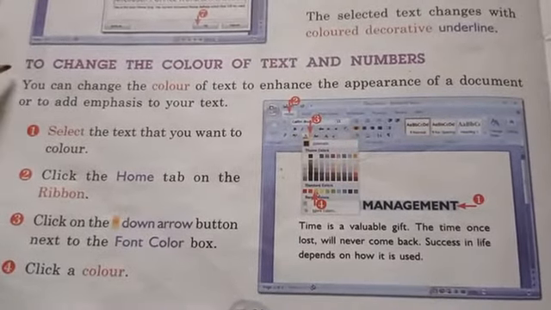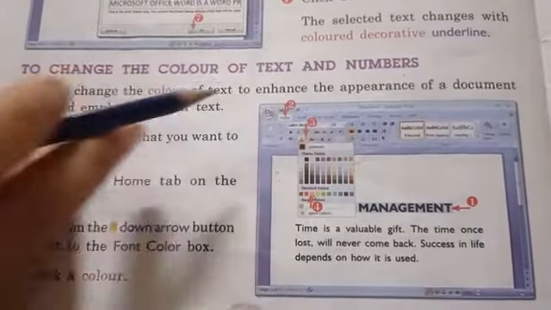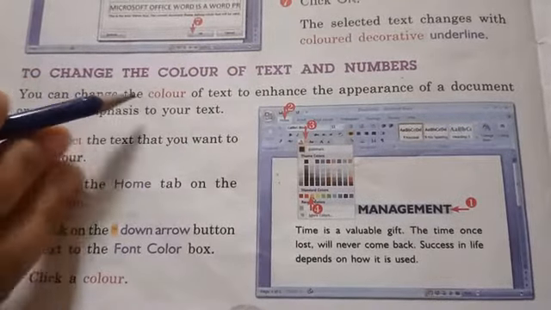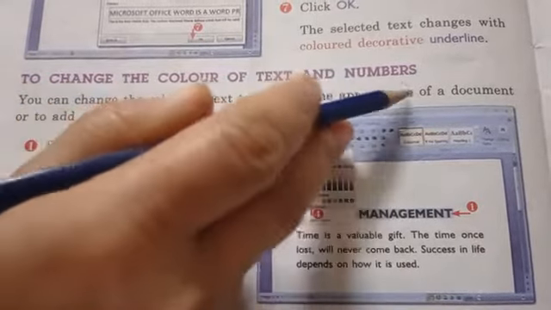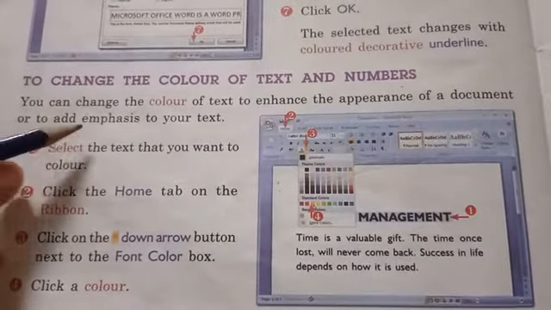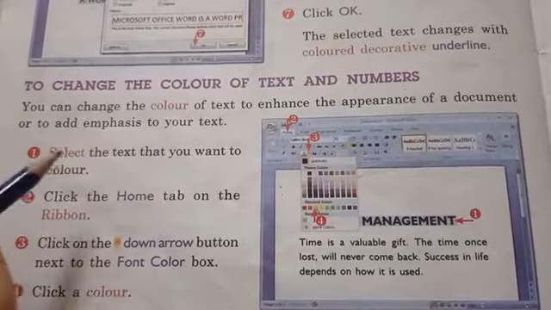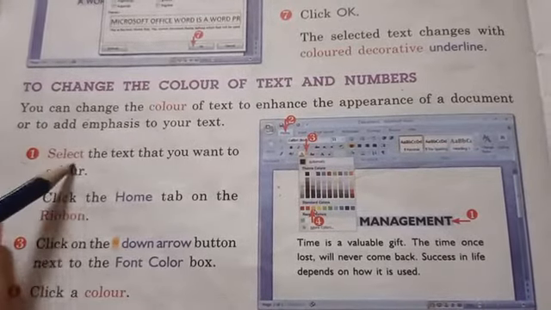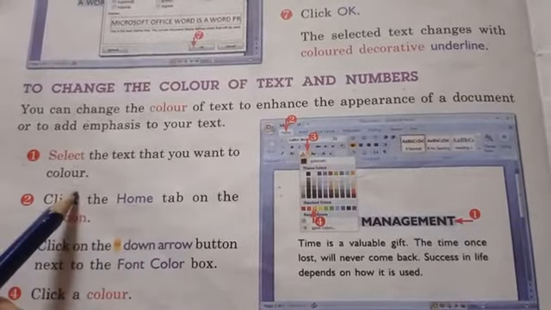Next is to change the color of the text and numbers. You can change the color of the text to enhance the appearance of a document or to add emphasis to your text. First step, select the text that you want to color.